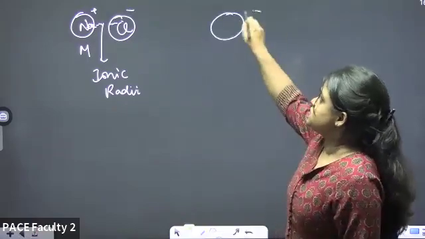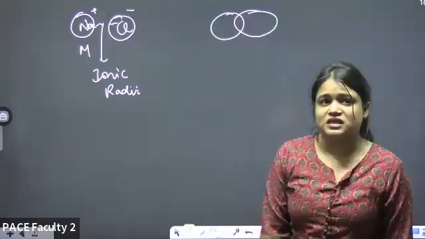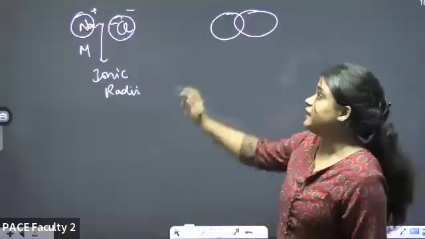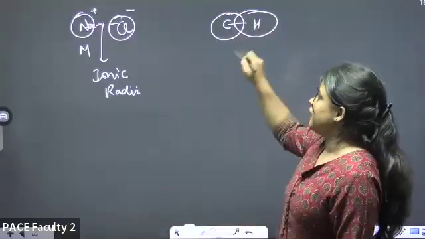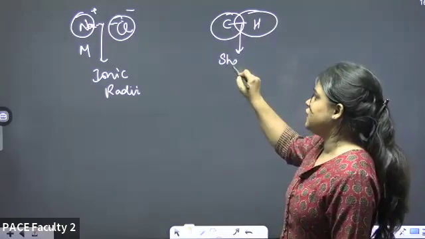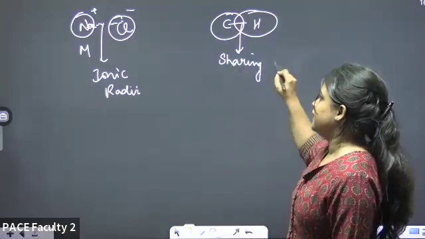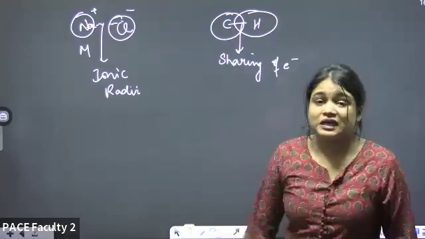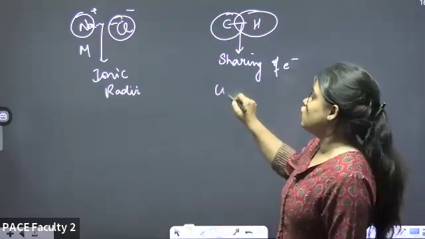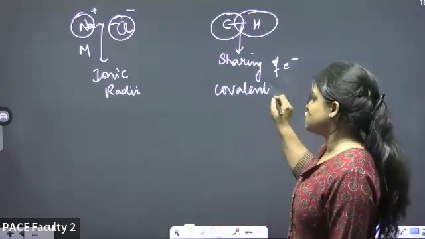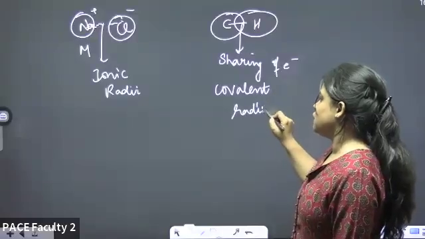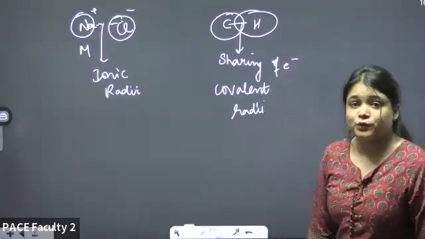Then suppose there is a compound with a bond between carbon and hydrogen. This sharing of electrons leads to the formation of covalent radii. This covalent radii only forms when the orbitals overlap.